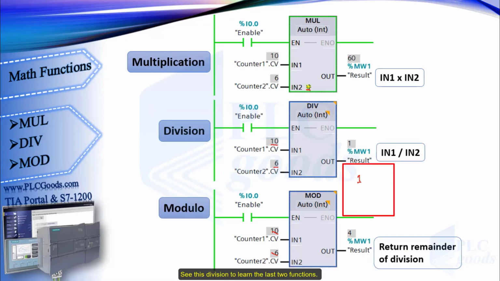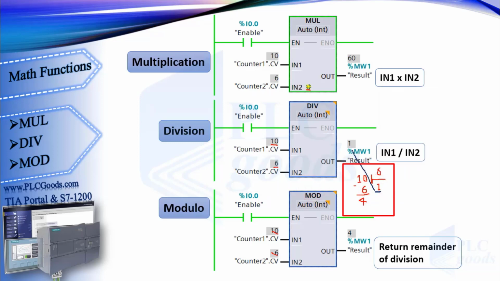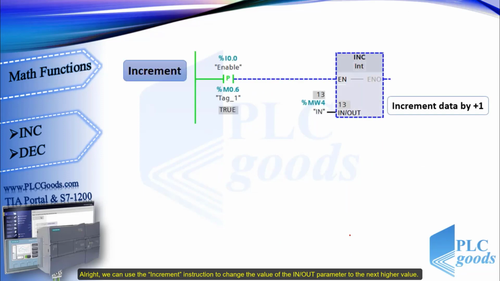See this division to learn the last two functions. Alright, we can use the increment instruction to change the value of the in-out parameter to the next higher value.